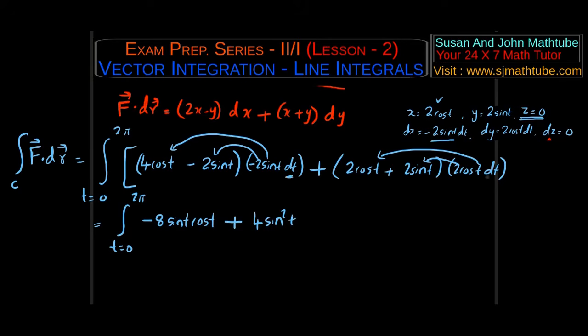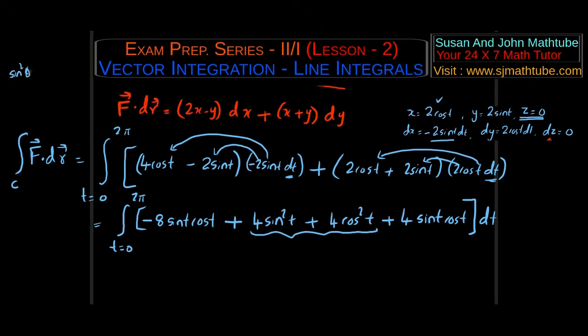And this dt we will write at the end, plus 4 cos square t plus 4 sin t cos t, and at the end dt, because this dt will come as a common factor. Now what do you think about this? What is sin square theta plus cos square theta? Yeah, that's equal to 1. So 4 will come common.